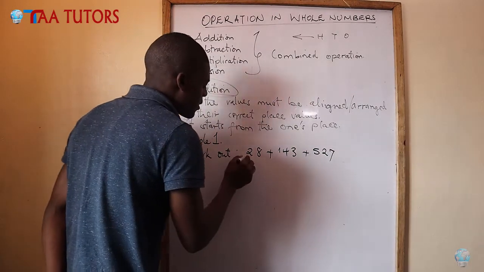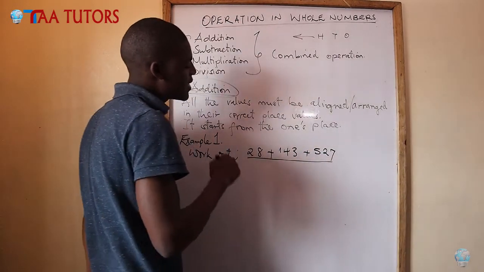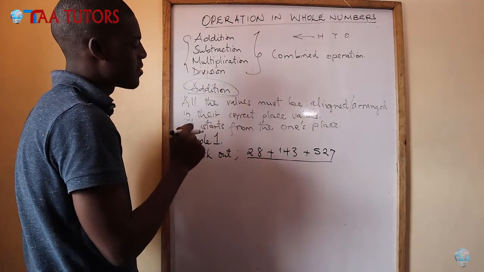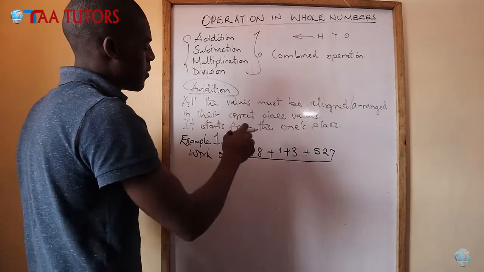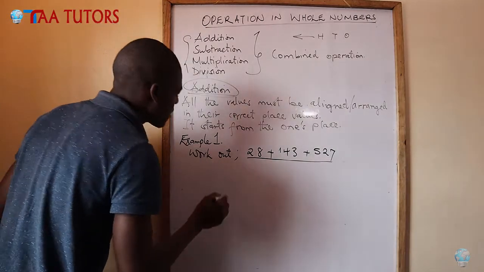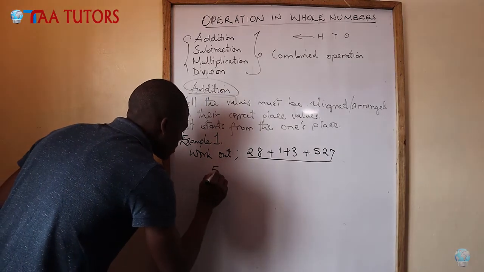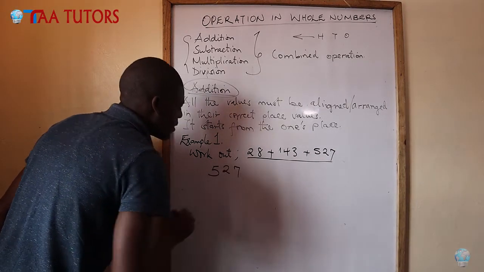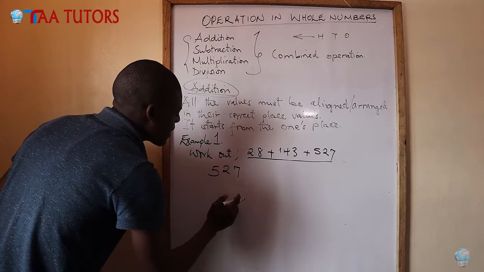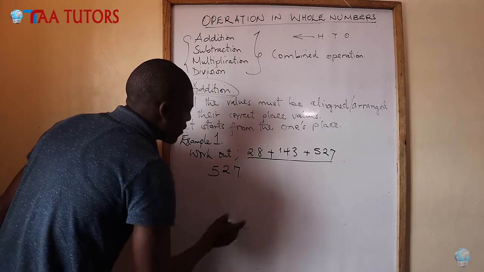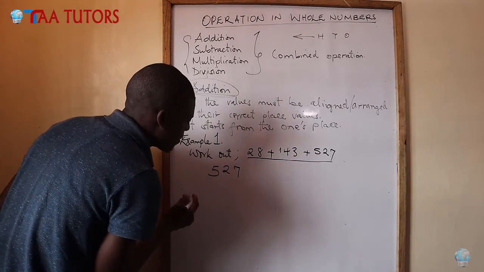In this method, a student can be easily confused because the values are not according to their place value, and it makes addition very difficult. So the best method you can use is to arrange, starting with the biggest. We will have 527. Then we know now in the place value, this one is ones, this one is tens, then hundreds.